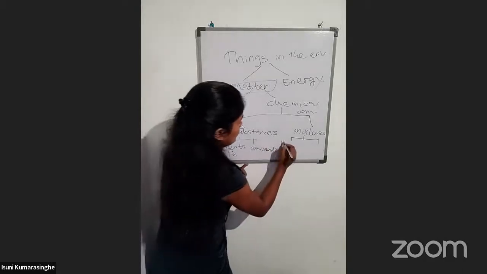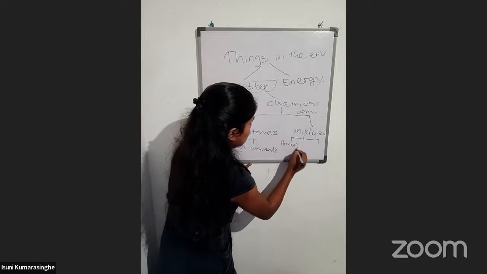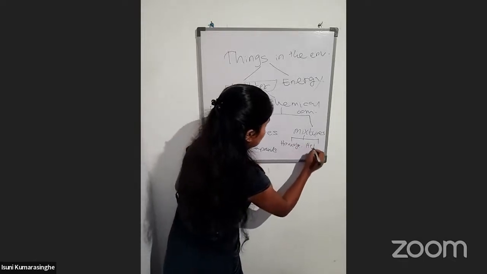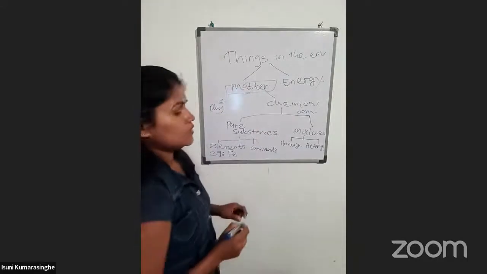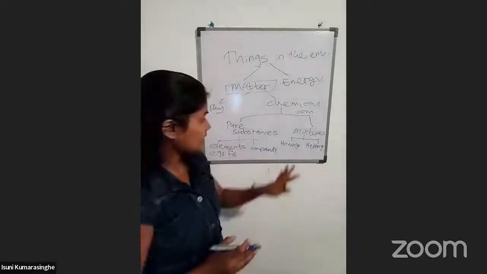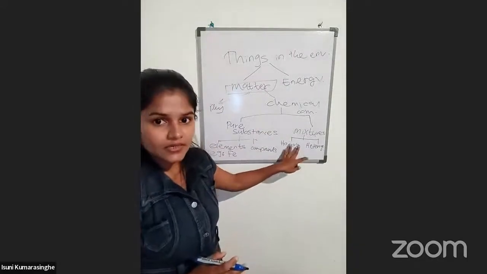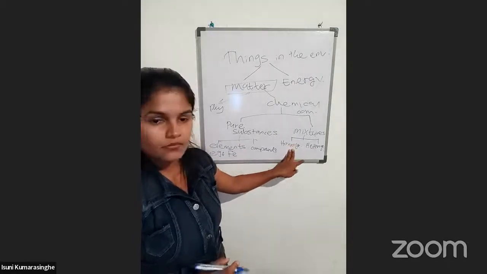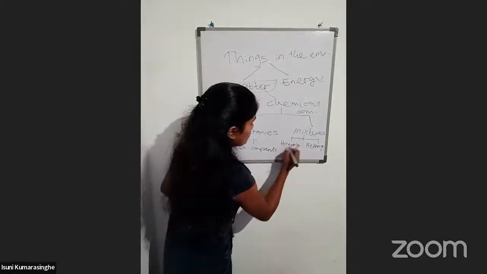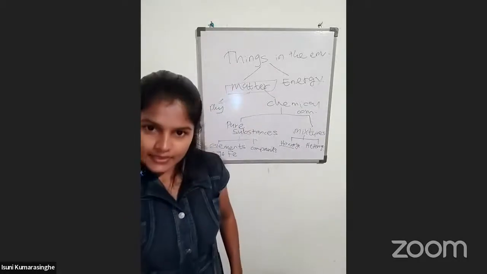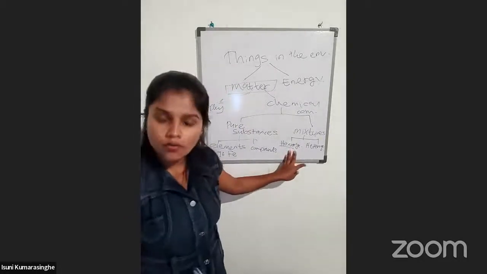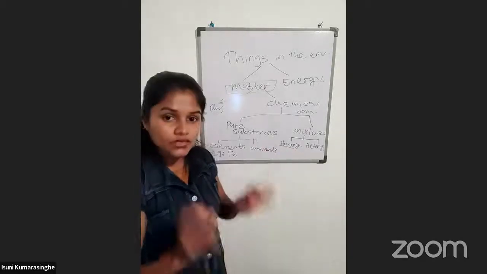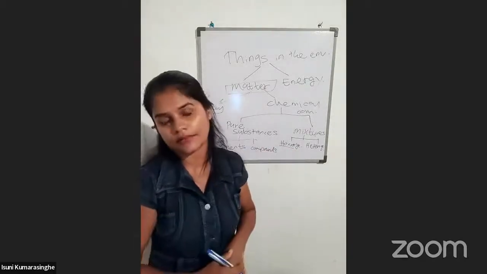You can elaborate their meaning by their name. What is the meaning of homo? It means same. That means their composition is uniform throughout the sample.